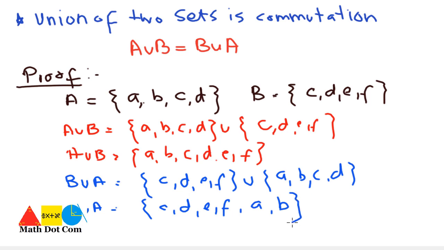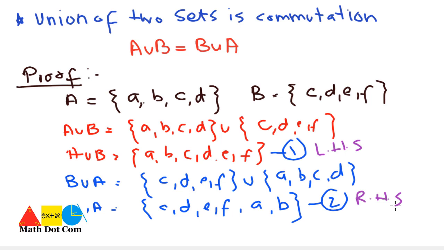Now we have to compare equation 1 and equation 2, whether they are equal or not. You can say that this is the left hand side of the equation and this is the right hand side. Now match the elements.